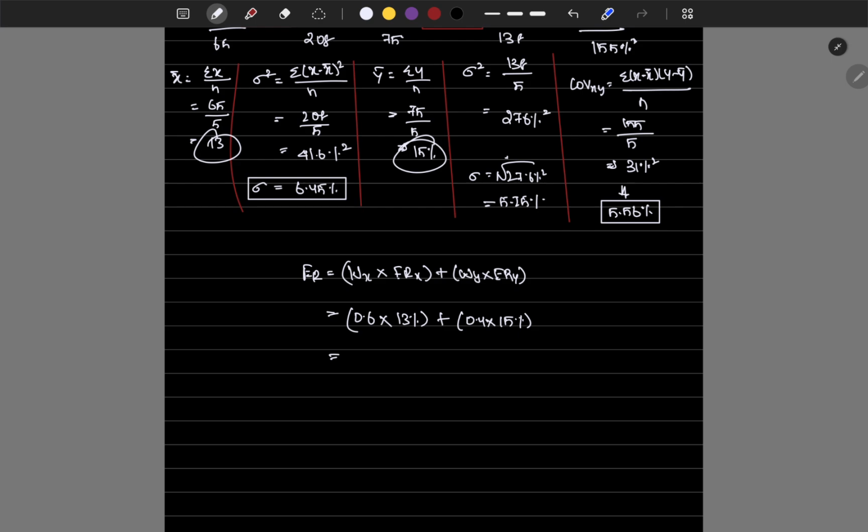So 0.6 into 13 is 7.8, plus 0.4 into 15, which is 6. Total 13.8%. 13.8% is the expected portfolio return.